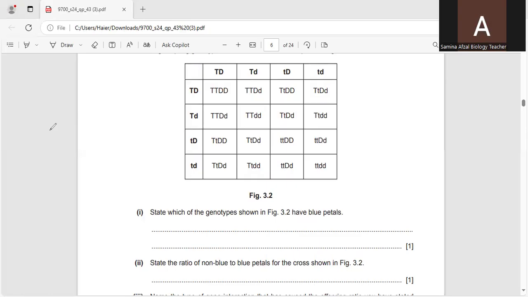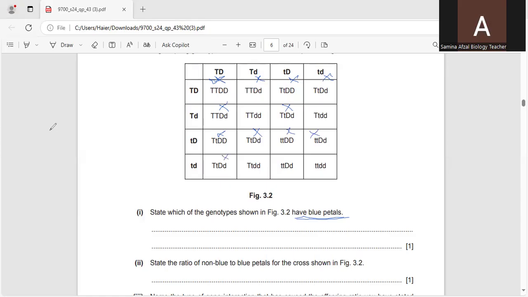So in this way, we have to find out the petals which are of blue color. Wherever the capital D is there, there will be no formation of blue petals, because it is a dominant allele. So dominant alleles will not be able to allow the formation of colored petals.